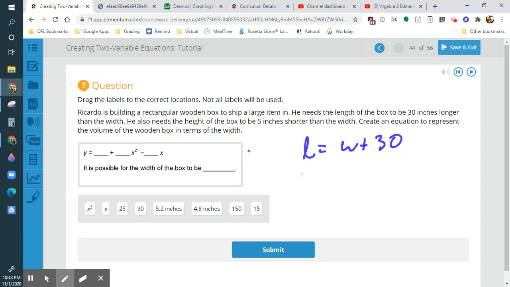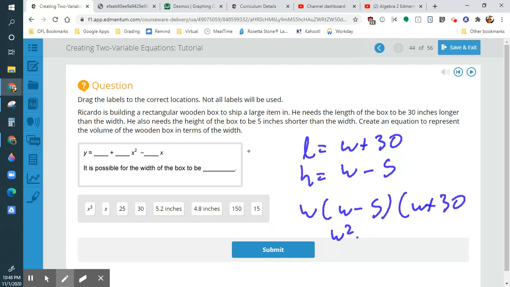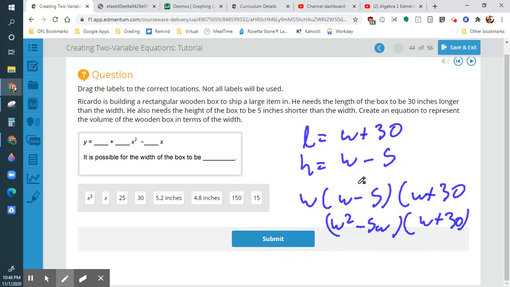He also needs the height to be shorter, so the height has to be the width minus 5 inches. So when we do this, I'm going to distribute, so I get w minus 5w. And I'm going to FOIL this. Usually I like doing the box method, but I'll FOIL this one.